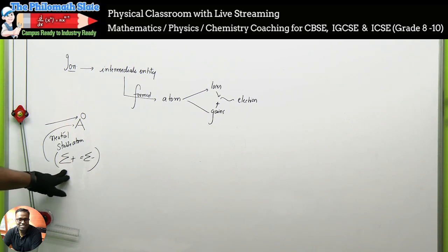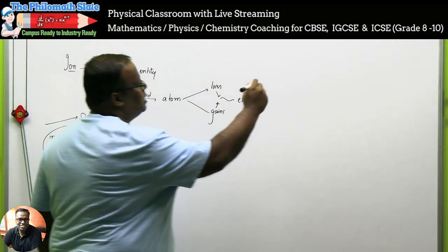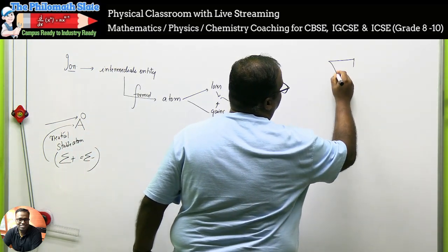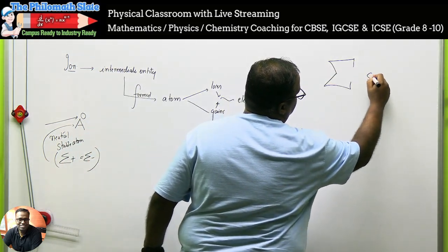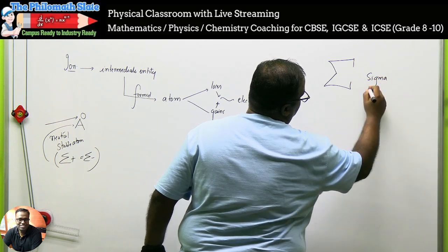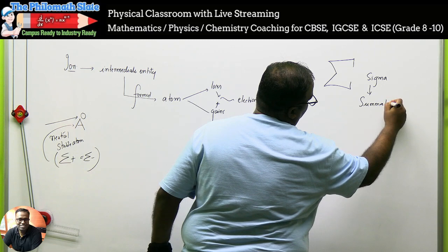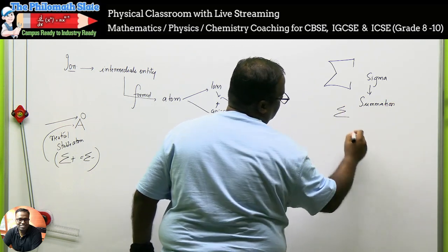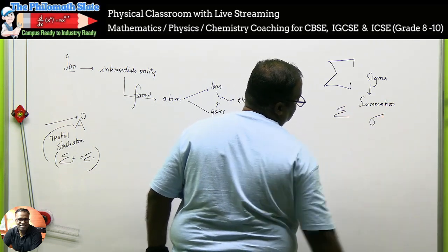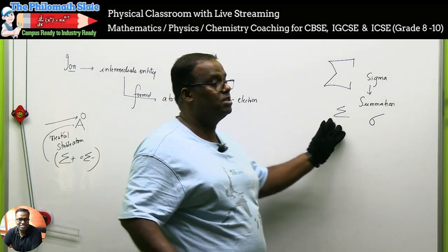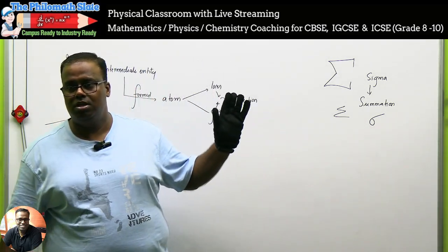This sign stands for sigma. Do you know this sign? In print, it will be something like this. Sigma stands for summation. Summation means some sort of a total. This is capital sigma. There is a small sigma also, which we use in statistics.